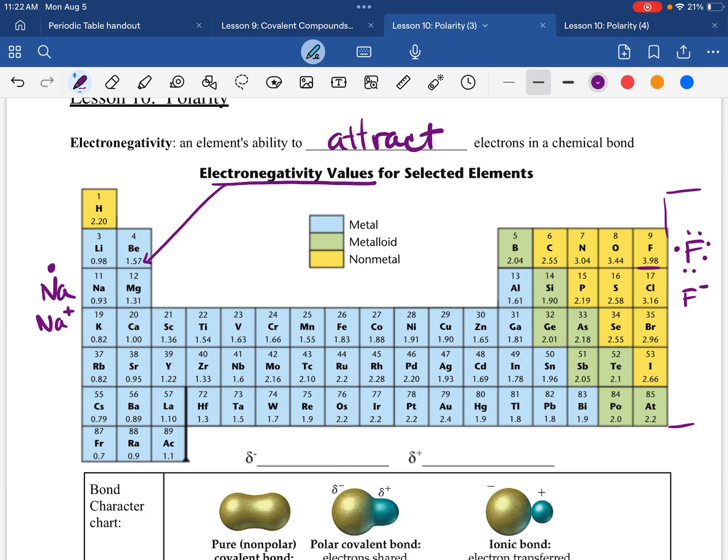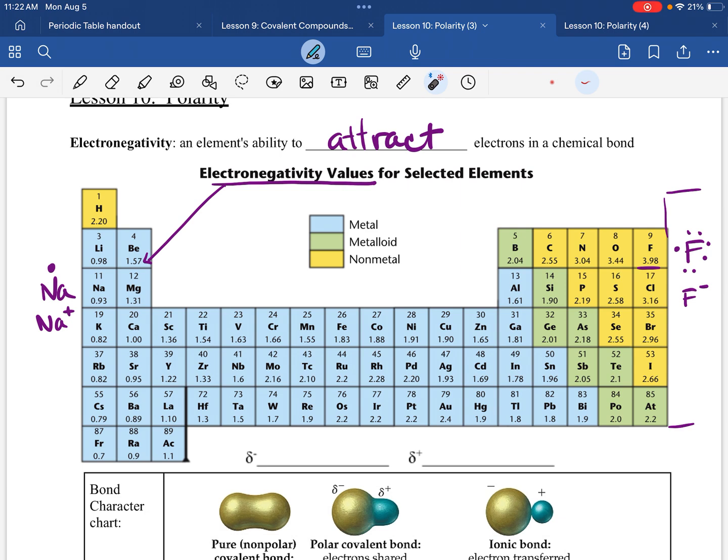And so fluorine would like to become F- by gaining that one electron. If you notice here, fluorine has the very highest electronegativity value of all of the elements. That means it has the biggest ability to attract electrons in a chemical bond. So it's like the biggest desire for electrons.